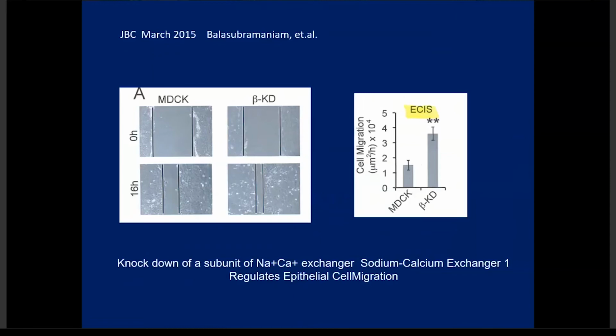Yet another paper in a JBC 2015 article dealing with a knockdown of a subunit of the sodium-calcium exchanger. We're regulating epithelial cell migration, and again, scrape wounds and ECIS data shown in a histogram here. Again, agreeing in terms of the migration of these cells.